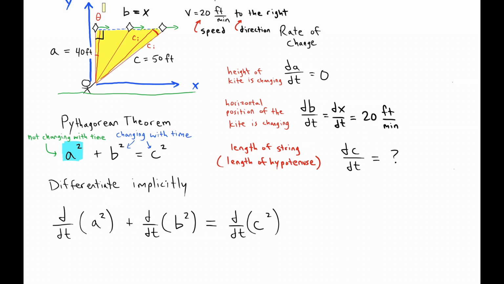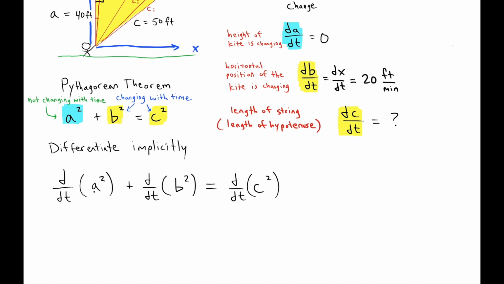And each one of them, we could just consider by default that they might be functions of time. B and C, we can see that here and here, these quantities are going to be non-zero, whereas dA dt is 0. All right, so when we differentiate implicitly, we should take the derivative with respect to the variable in question, A, and then we'll multiply by, according to the chain rule, dA dt.